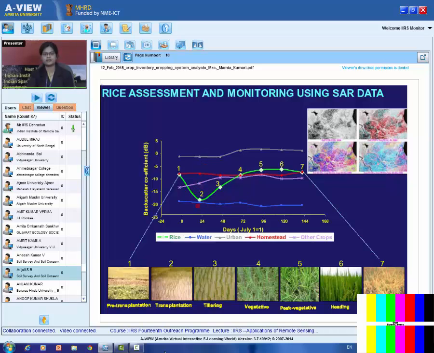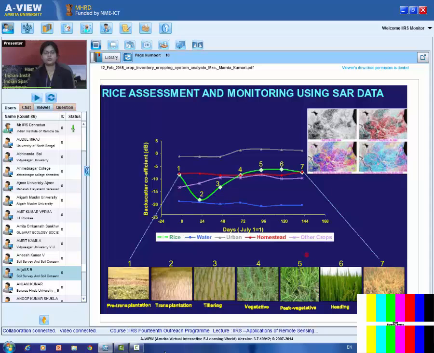You can see here there is no reduction in the sigma naught as compared to the rice crop. And as there is increase in the crop growth, sigma naught increases. So it is little different from the NDVI profile, where in NDVI profile we start with the lower values and then we get some peak and then after harvesting we get the lower value again.